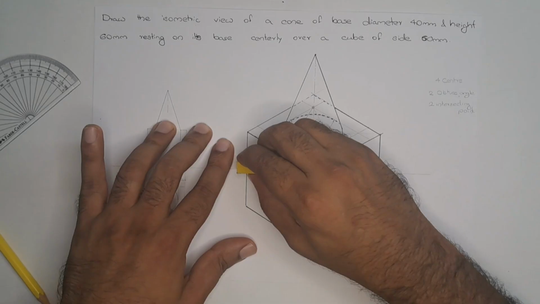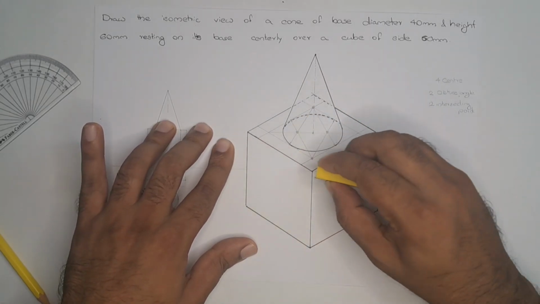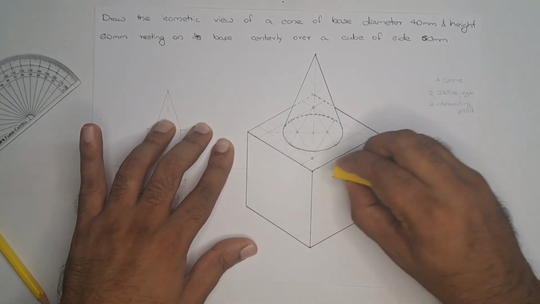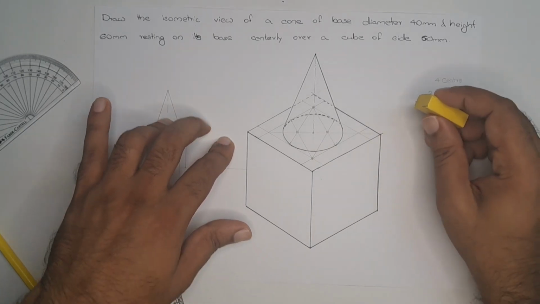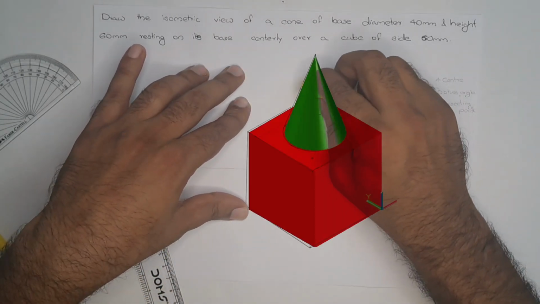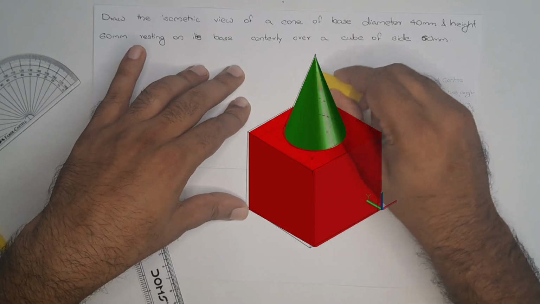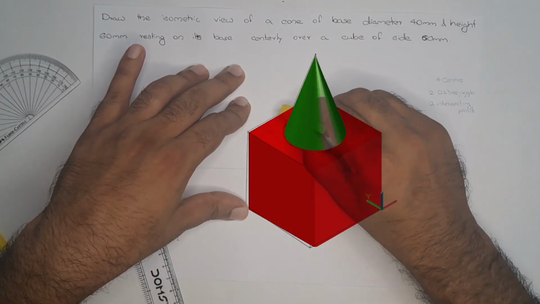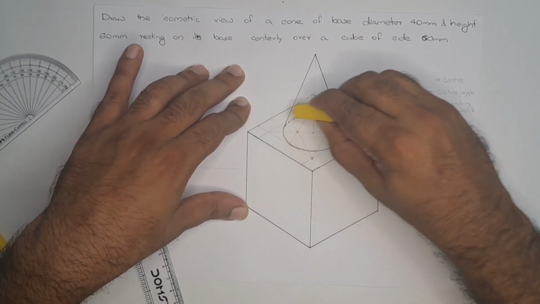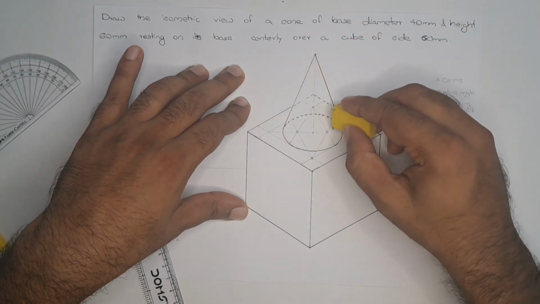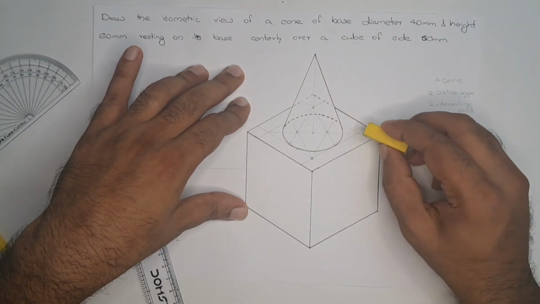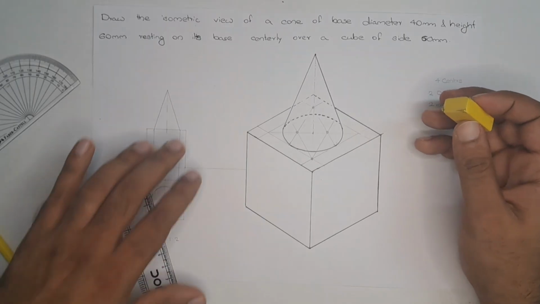We can rub off the extra lines. As we can see in the figure here, every dotted line will be hidden. Only the continuous thick line is visible.